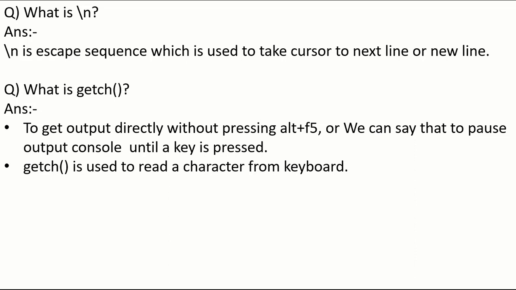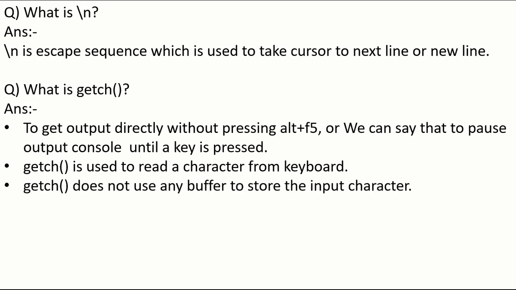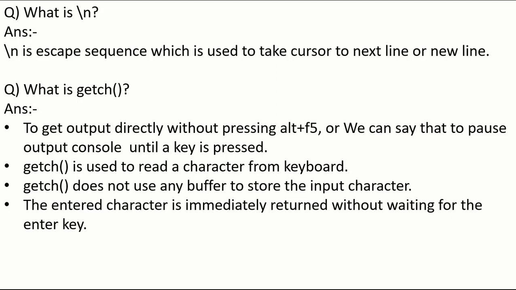Getch is used to read a character from the keyboard. Getch does not use any buffer to store the input character. The entered character is immediately returned without waiting for the enter key.